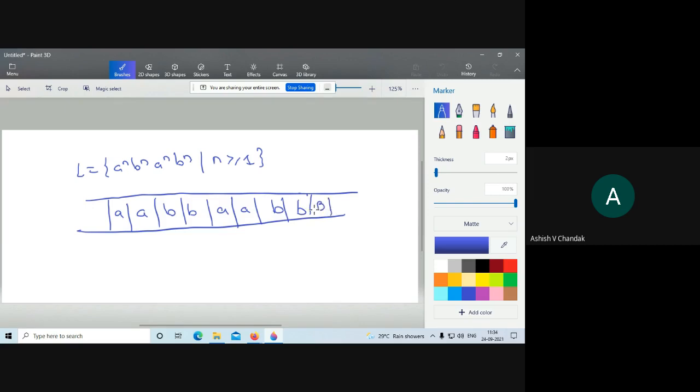Can you tell me any logic for how you will recognize it? We will take the leftmost A and the rightmost B.